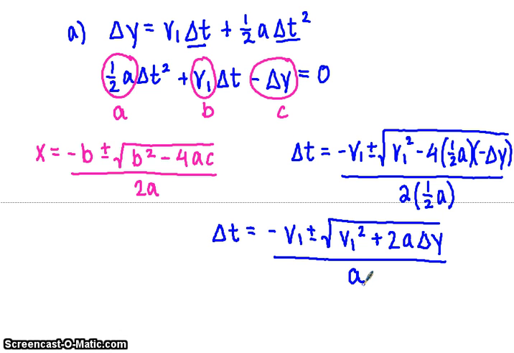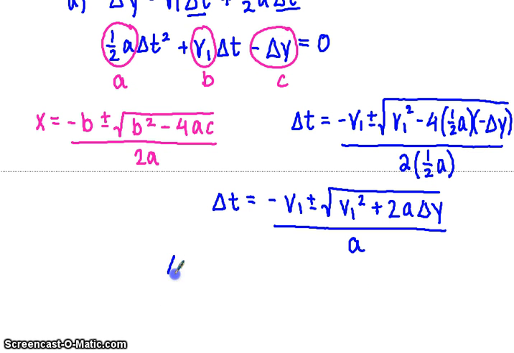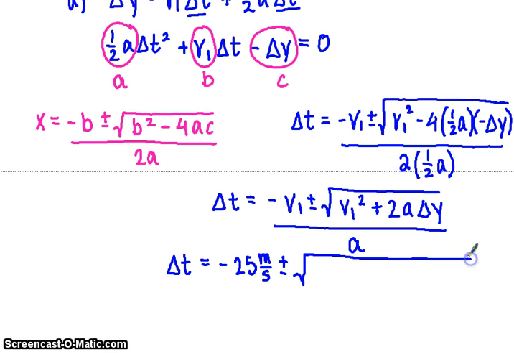We haven't yet considered any of our givens and whether or not they are negative, but now that we're ready to substitute, we will consider that. Our initial velocity was 25 meters per second. If this was something that was thrown downward, we'd have a negative 25 meters per second as our given, but then algebraically that would be the second negative.